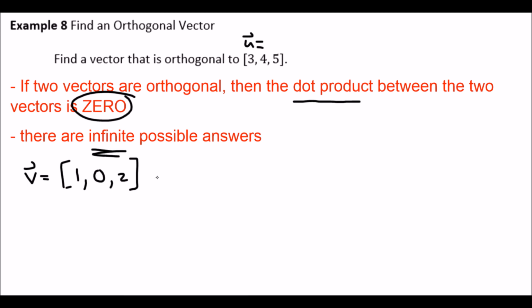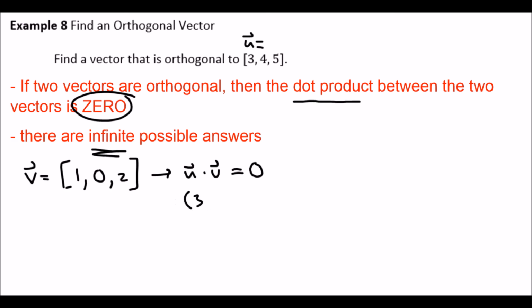And now I know, because they're orthogonal, I'm going to dot them together. So I know u dot v is equal to 0. So I'm going to dot them. Let's be consistent here, sorry. I'm going to do u first.